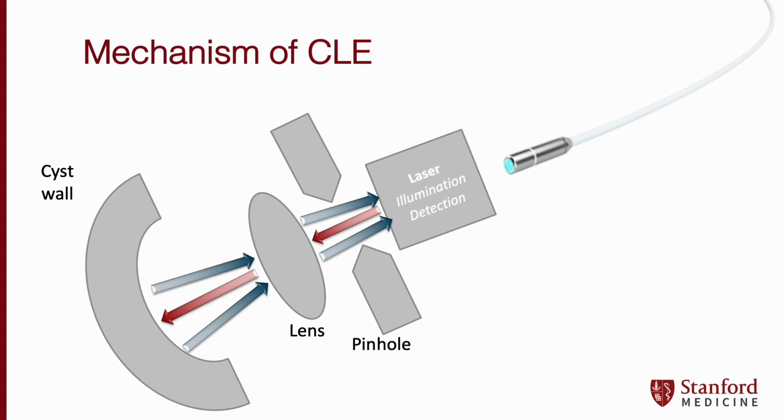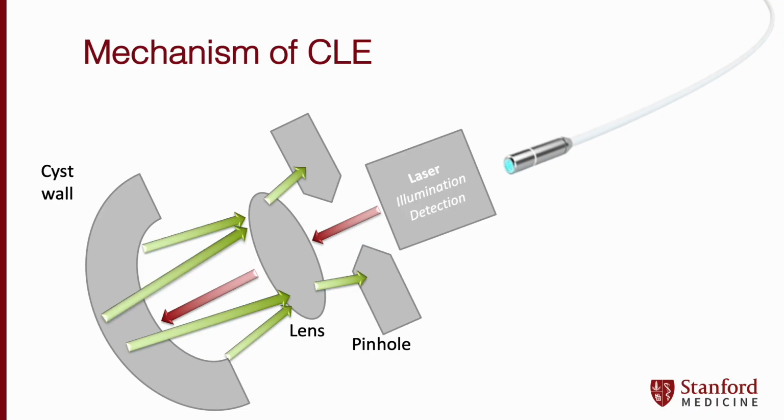With fluorescein injected prior to the procedure, the fluorescein gets excited and reflects the light back into the lens and then gets concentrated through a pinhole to get the high resolution imaging while dispersing the light that would make the image out of focus. The high resolution imaging is about 3.4 micrometers in lateral resolution at about 1,000 magnification.